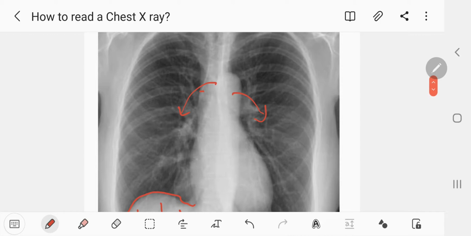And when more air is filled in the lungs, it's easy to find a pathology that the lung might be having, like for example, consolidation or tumor. So that's why we ask the patients to take a deep breath, so that their lung is filled with more air and we can find the areas where air isn't filled.